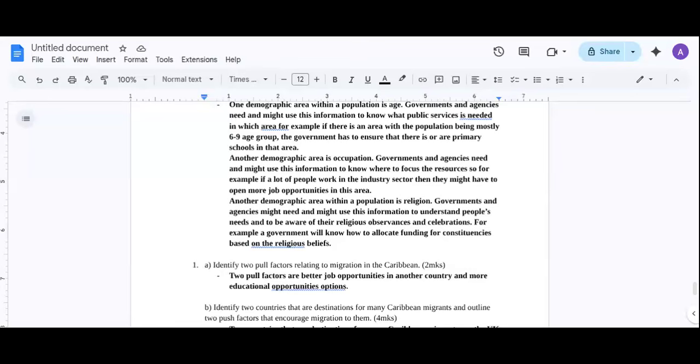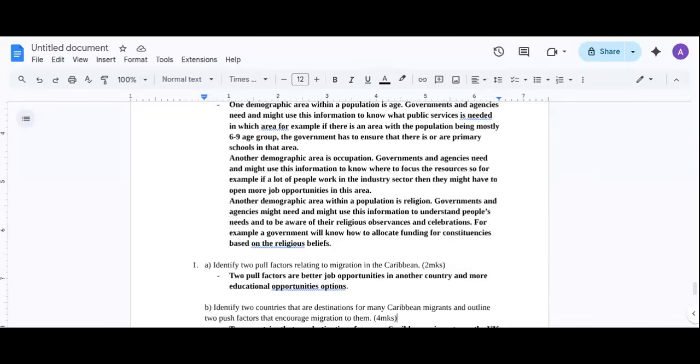Samira? Miss, I'd say the United States, America, because of the tourism and better opportunities over there, that would be like a push factor. Very good. So Mr. Francis is saying the USA, UK. Taya? Miss, Europe, a lot of people would want to go there for better healthcare and better job opportunities. Very good. So we have the destinations, but a lot of you are telling me pull factors.